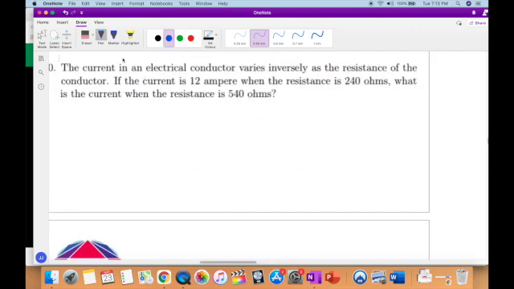So let's call the current C, and an electrical conductor varies inversely as the resistance of the conductor R. Varies inversely means that C is inversely proportional to 1 over R. So I can make my general equation.